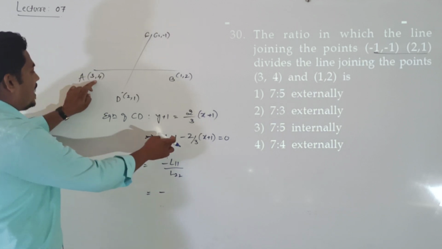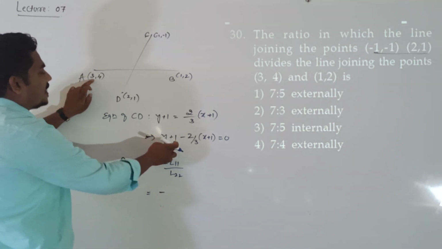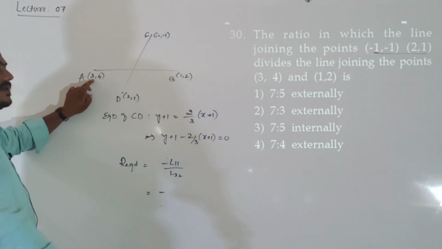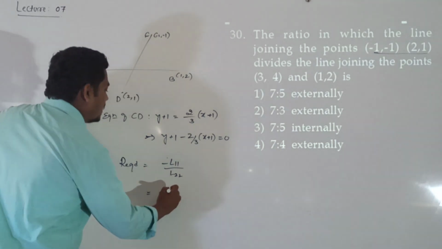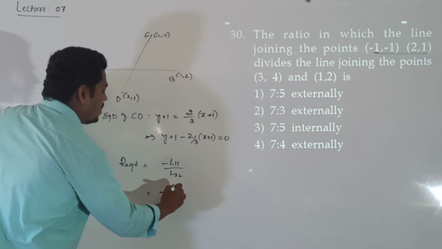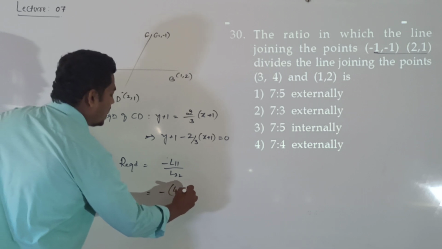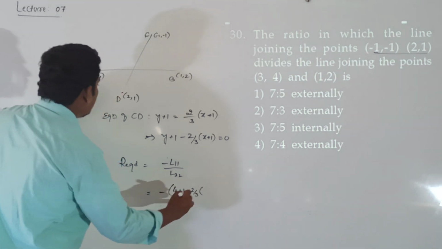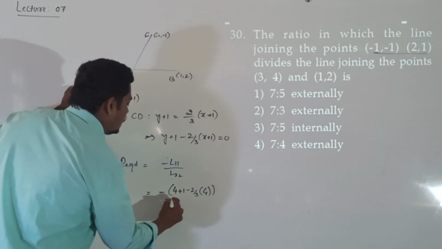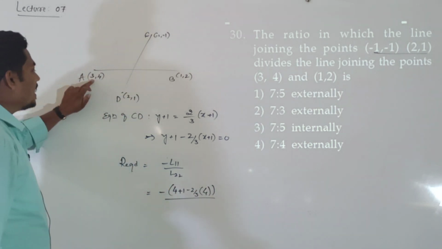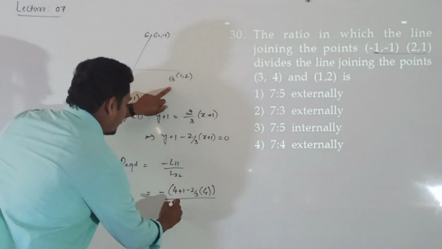Put x value 3, y value 4. Then it will be minus of y value 4 means 4 plus 1 minus 2 by 3 into x value 3, divided by L22. Put the second point.